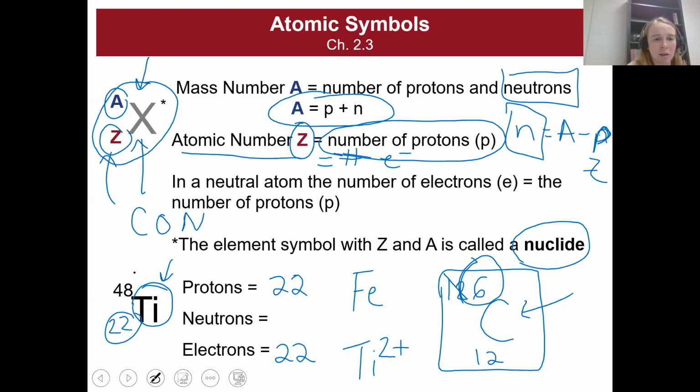So A, our mass number, is 48. So it's going to be 48 minus 22, our atomic number. So there are 26 neutrons in this nuclide. So we've got 22 protons, 22 electrons, 26 neutrons.